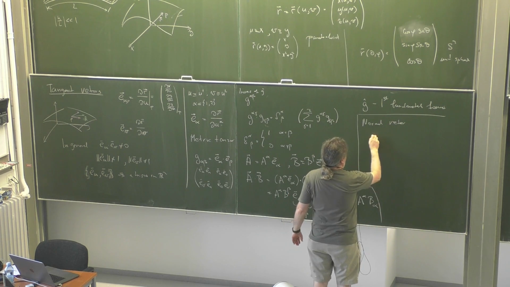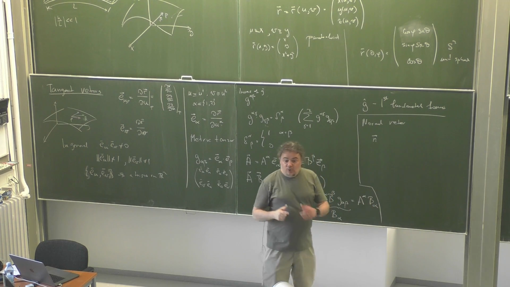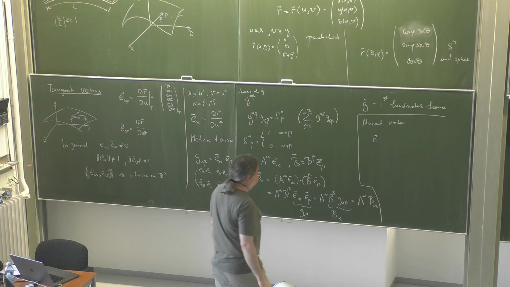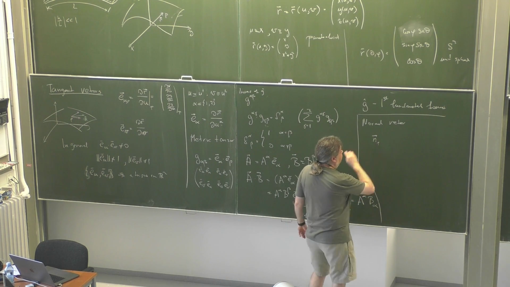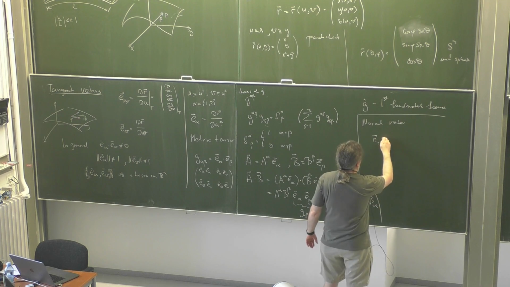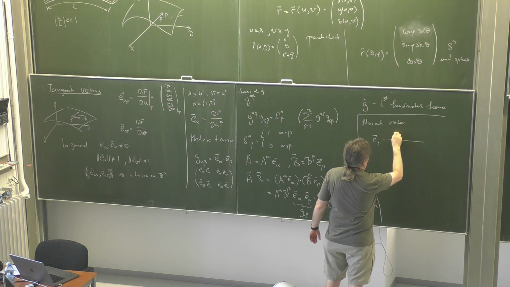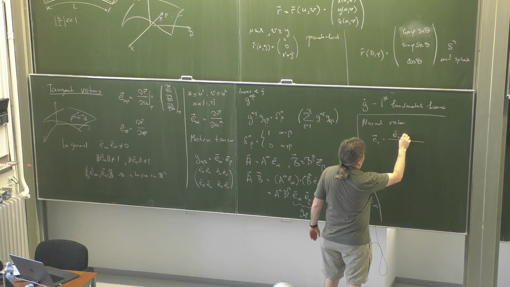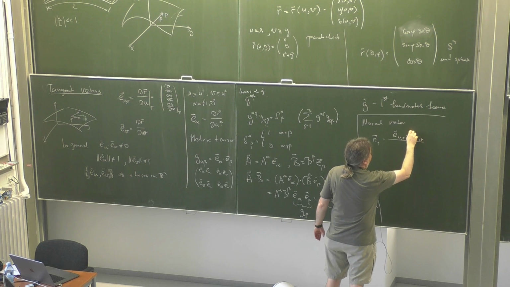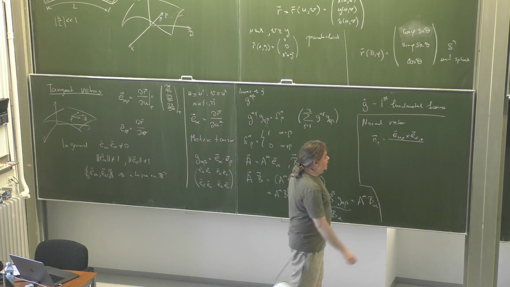So a normal vector n to a point, right? The n is defined at every point on the surface. So I can actually put p in here to be precise, that I mean a particular point, and it is defined as E_U at that point P cross E_V at that point P, right?